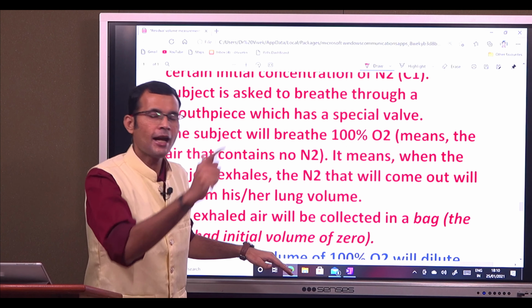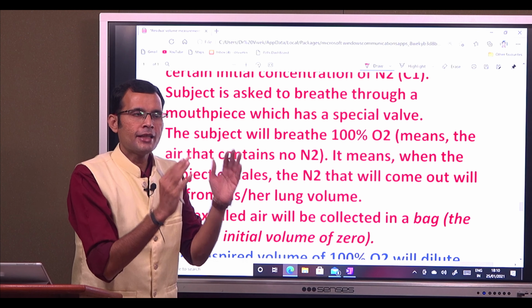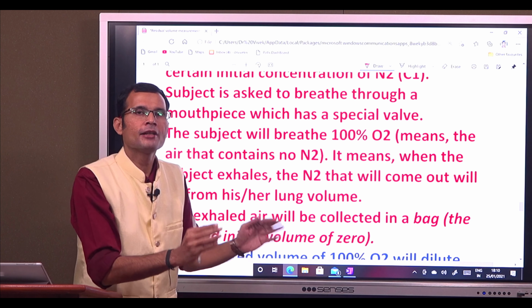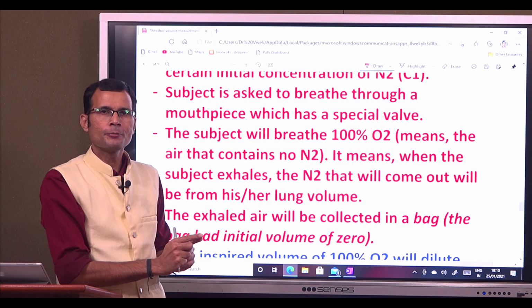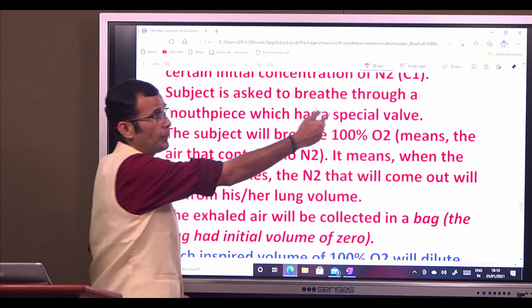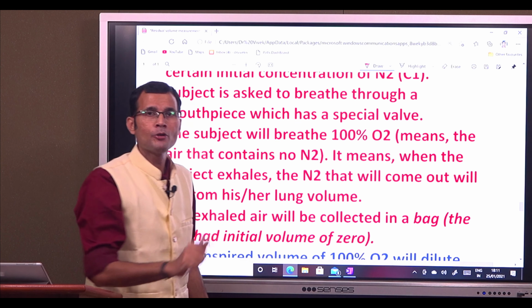How? Look, we started the method, and at that point there was some fixed volume of nitrogen in the lungs. At the start of the procedure, there was a fixed volume of nitrogen in the residual volume of the lung, and that starts coming out. The subject is breathing 100% oxygen, so nitrogen is not coming from outside.